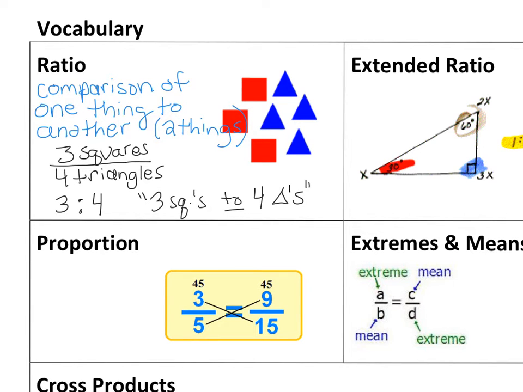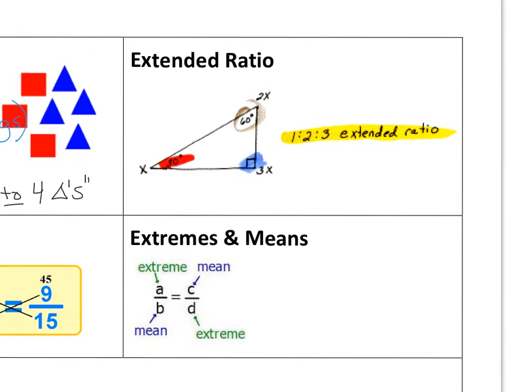And I mention that because an extended ratio over here to the right is a comparison of more than 2. So it is a comparison just like any other ratio, but it's comparing greater than 2 things or items. What's being shown here in the diagram is a comparison of 3 angles. So we've got one angle x, and then double that size of an angle here, 2x, and then triple the size of that angle, or 3x.